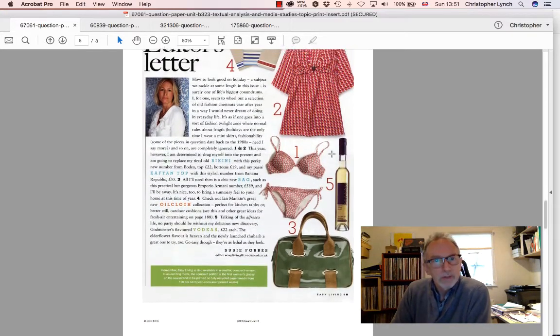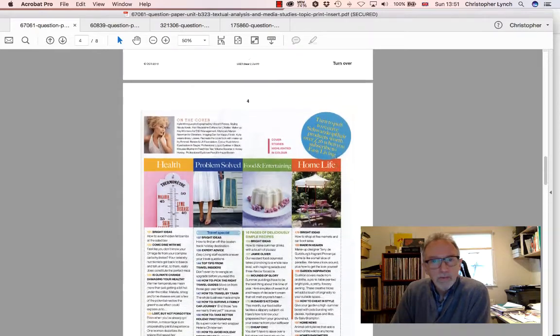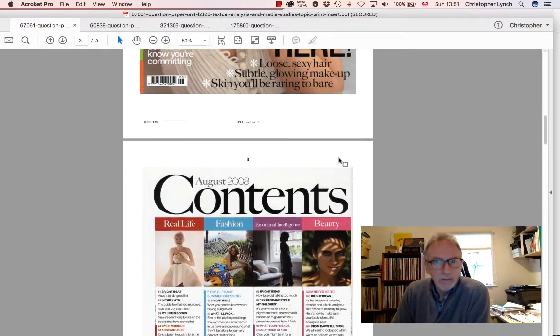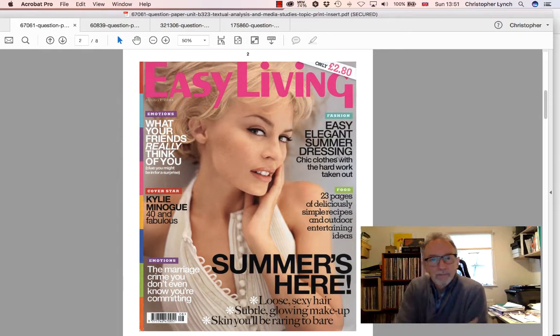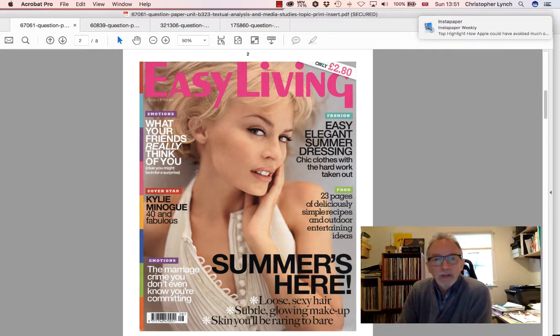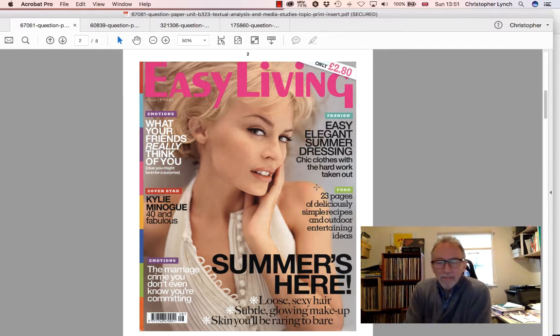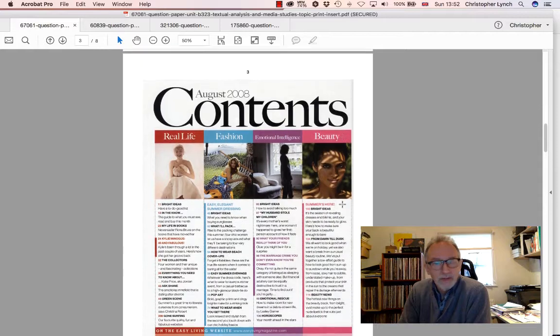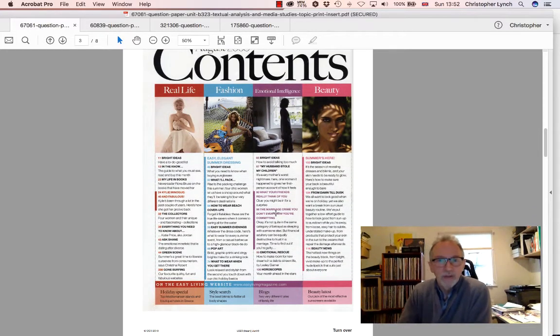So the first thing you do when you're in the exam is that you have a few minutes and you look at all of the pages, because you're going to be writing about it in terms of what are its genre features, and so what kind of a thing is a lifestyle magazine, and you're bound to talk about the front cover model looking directly out at the readership, and you're bound to talk about the hybridity of contents, the fact that it's about emotions, that it's about food, it's about fashion, and these variety of contexts sum up the kind of lifestyle that's on offer.